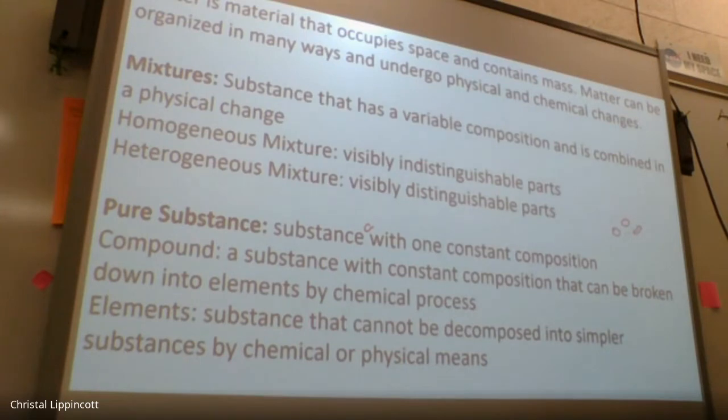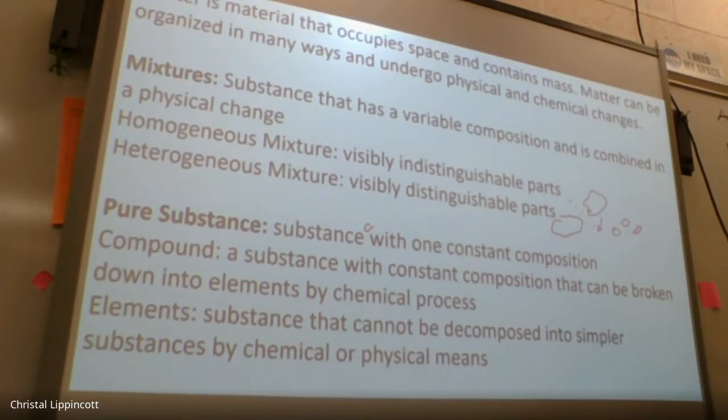And then you have suspensions, where you have even larger parts in there. So like if you had mud in water, it would be mixed up, but if you let the water settle over time, eventually those larger particles are going to sink to the bottom.